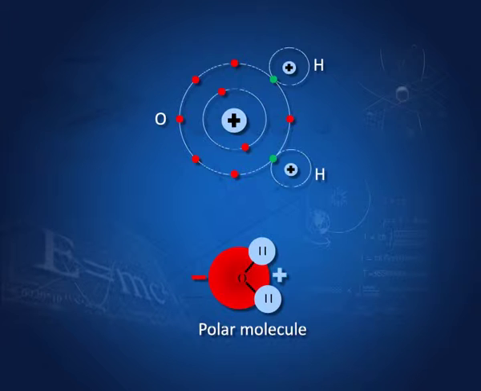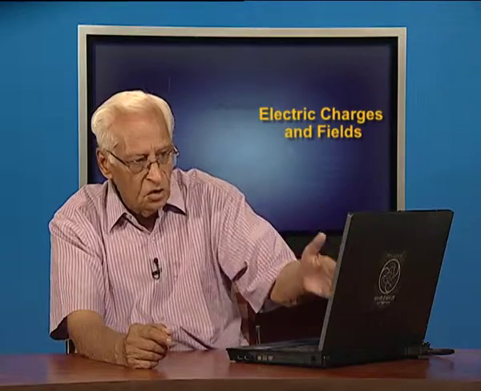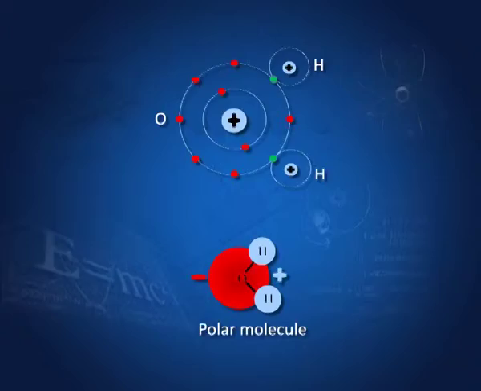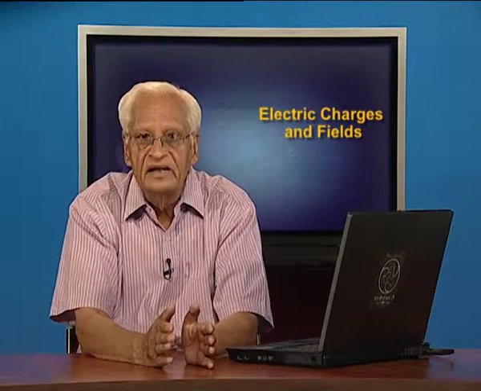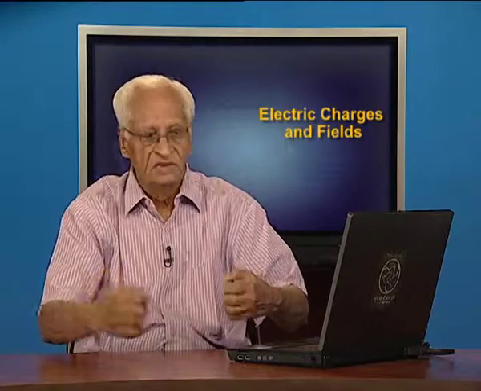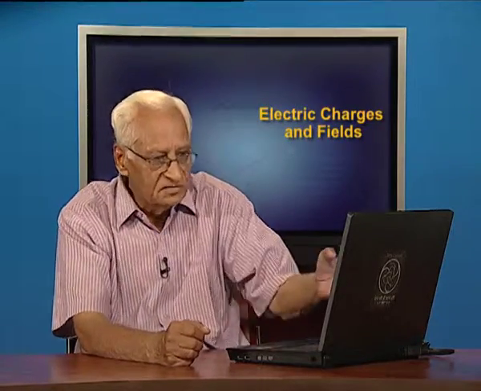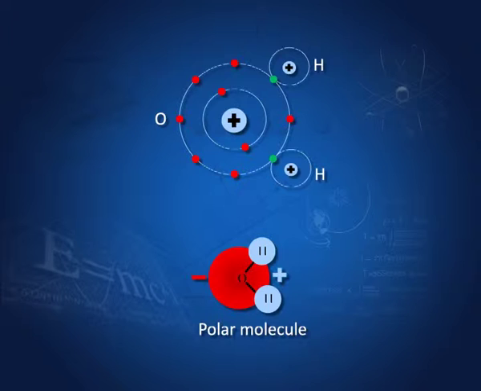The charges of the hydrogen atoms also apply force on these two shared charges, but since the force due to these negative electrons is higher, there is a separation between the charges.